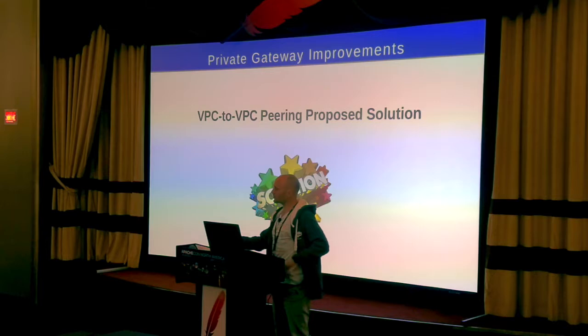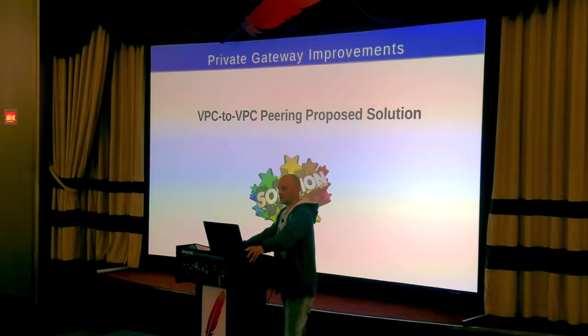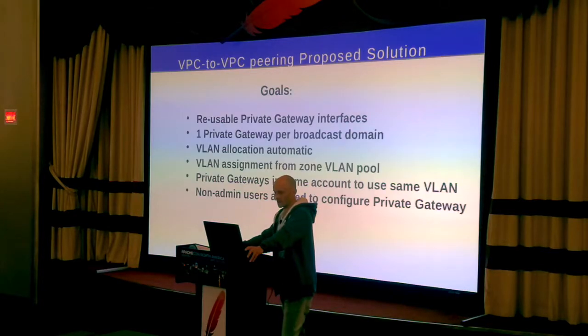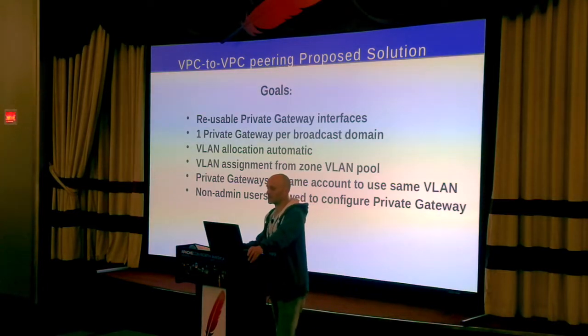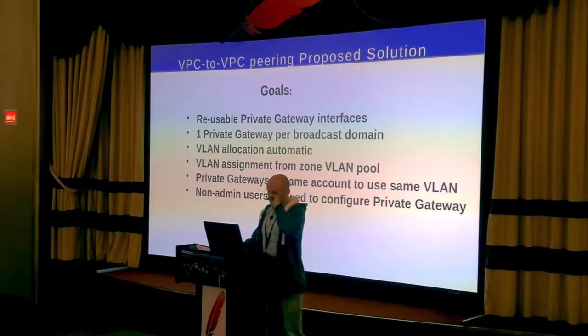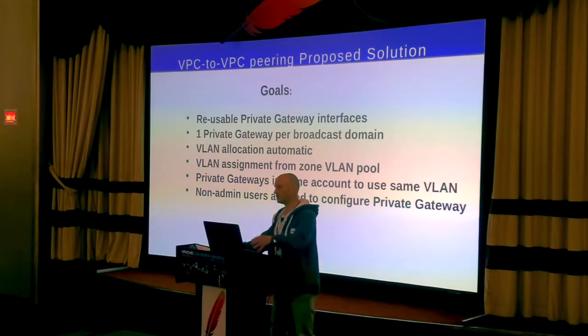So I just want to share these ideas with you and hopefully get some feedback at a conference like this, and also so that it can be taken forward and put in as a feature request. So the goals are to be able to implement VPC peerings that are reusable, where you can reuse the private gateway interfaces so that you don't run out of NICs.